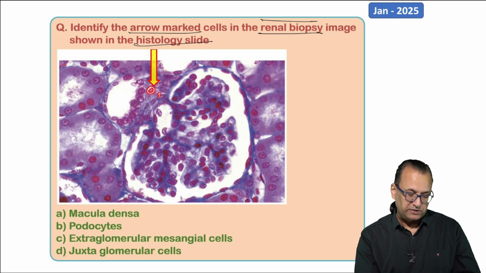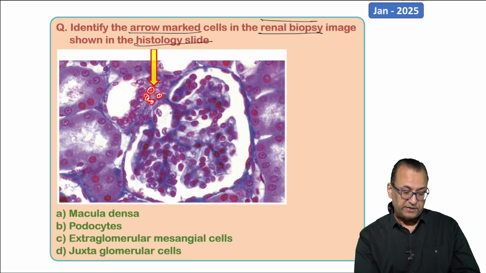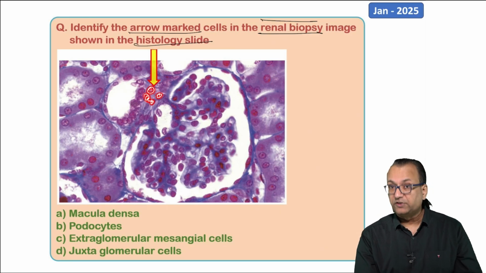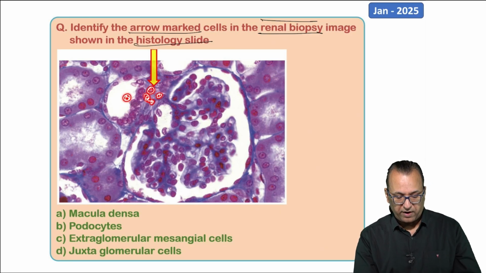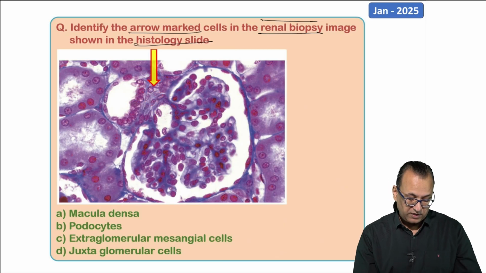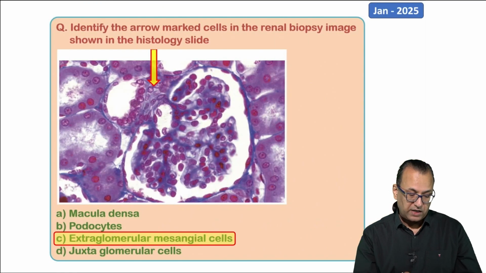They are pointing to these cells which are extraglomerular mesangial cells, and they are basically the cells which take the information from the macula densa and give it to the JG cells. So they are cells of Lacey or extraglomerular mesangial cells. That is what we have to answer.